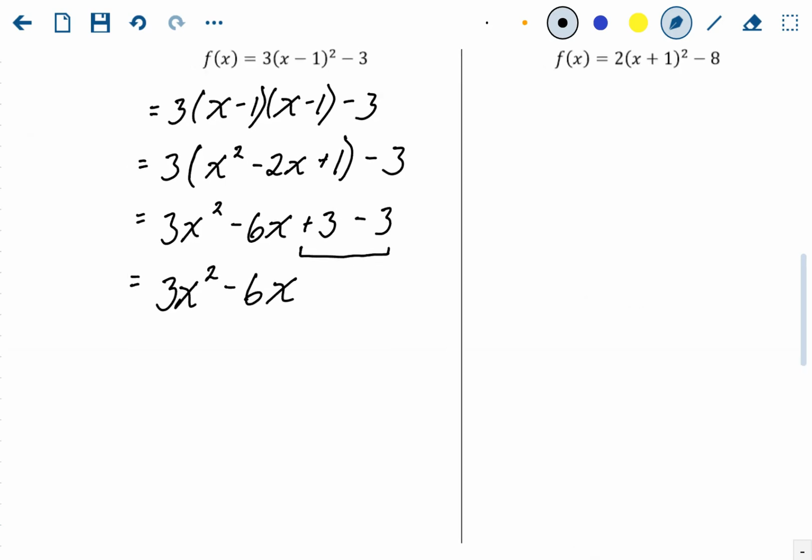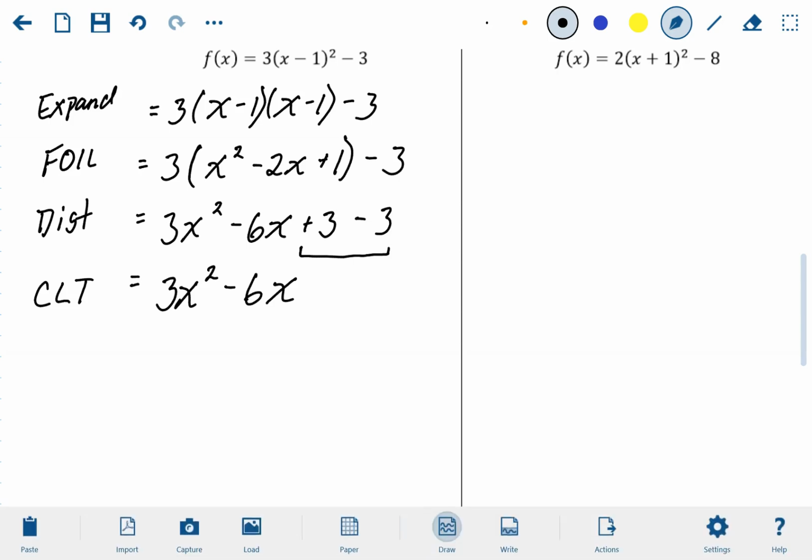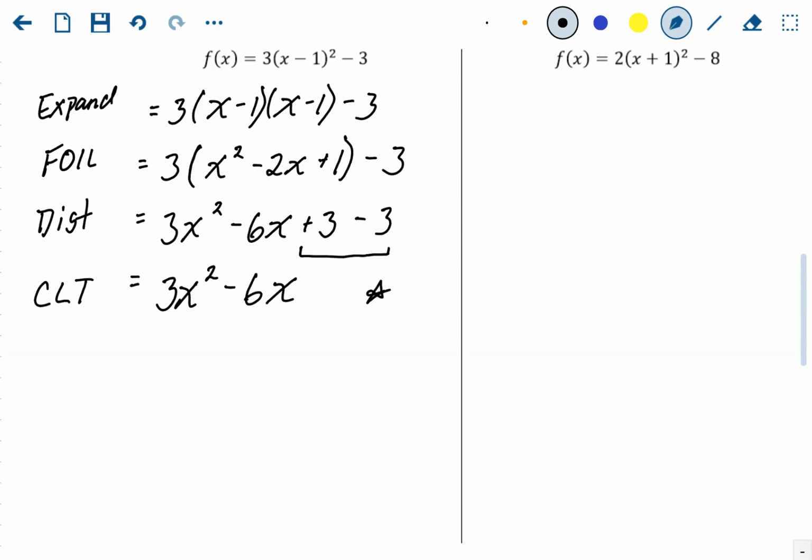All right, so again, the steps for that were expand, FOIL, distribute, combine like terms, and now we're in standard form. The whole goal of this is to be in factored form, so now we're going to have to factor this.